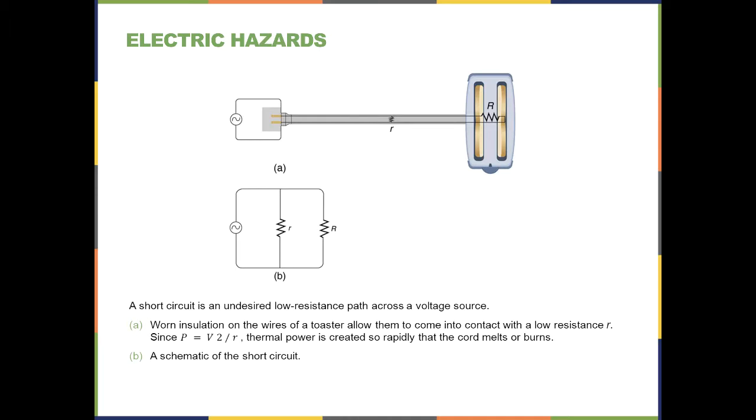B shows the schematic diagram of this short circuit. When this occurs, electrons run into each other, positive charges run into each other, and it generates an enormous amount of heat. And so you see situations where the wires touch each other and then there's a fire.